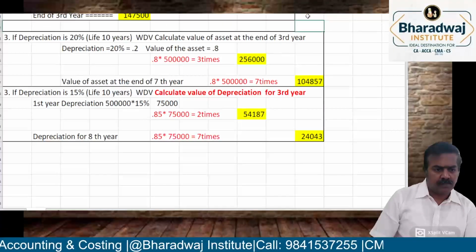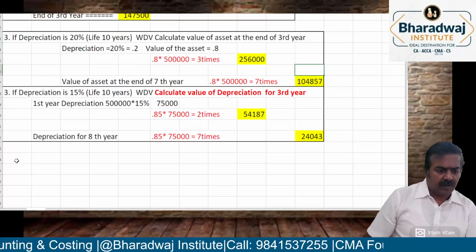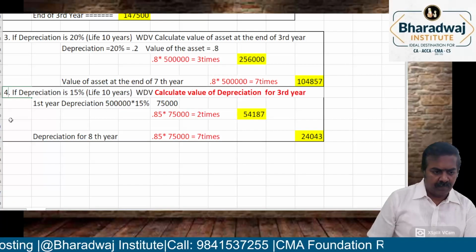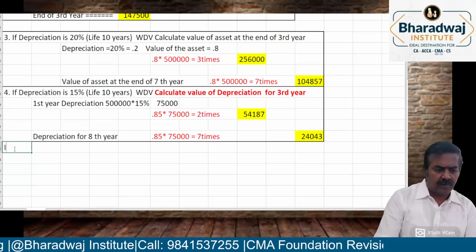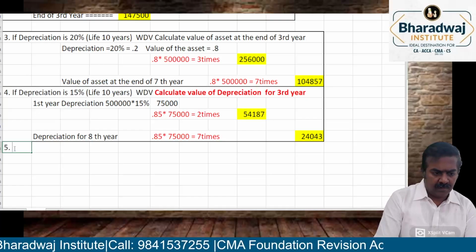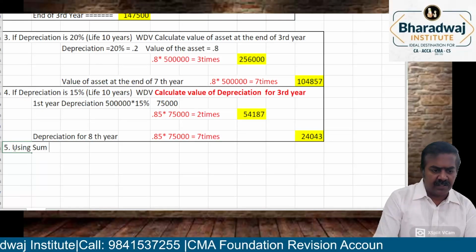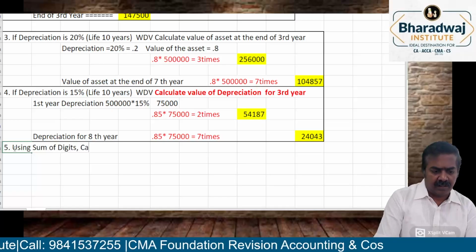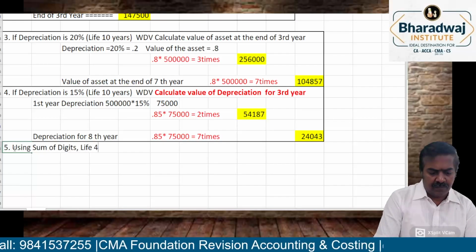Same question I am continuing, using sum of digits. Life 4 years.